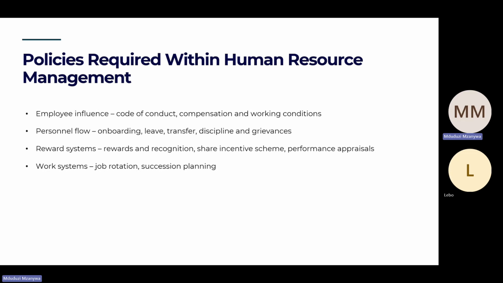Policies such as your code of conduct, where you are clear on what should be done, what should not be done, and what will happen if something bad has happened. In terms of compensation, what monies are due to you when you have done, say, overtime. There needs to be a policy for this. A policy would be a guideline.